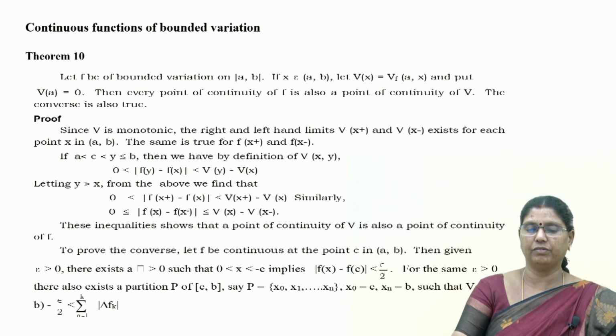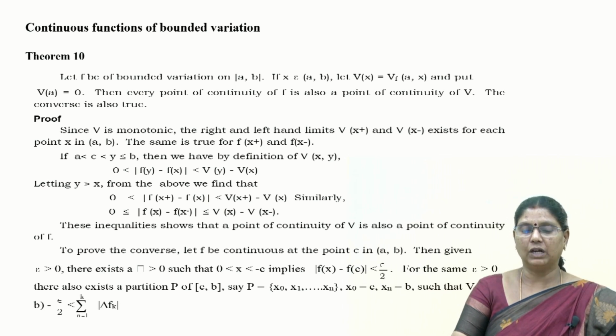From the above, we find that 0 is less than or equal to modulus of f(x+) minus f(x), which is less than or equal to v(x+) minus v(x). Similarly, for the left hand limit, 0 is less than or equal to modulus of f(x) minus f(x-), which is less than or equal to v(x) minus v(x-). So, this inequality shows that a point of continuity of v is also a point of continuity of f.